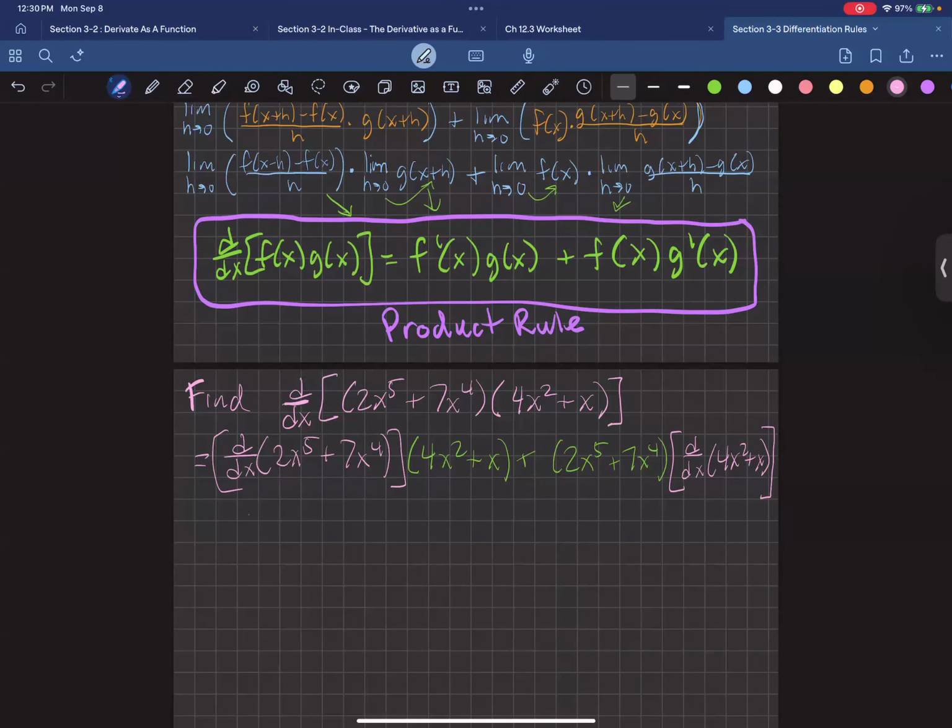So here, remember, we bring the power down, multiply, lower the power by 1, bring the power down, lower the power by 1. This is staying the same. Bring the power down, lower the power by 1, and the derivative of x is just a 1.